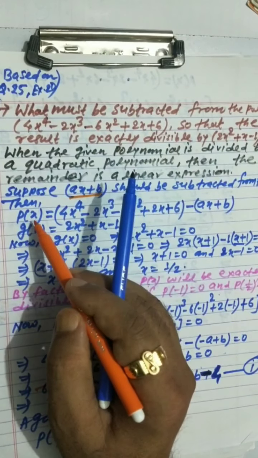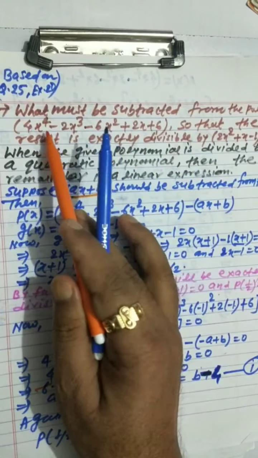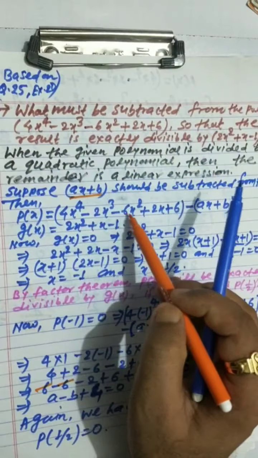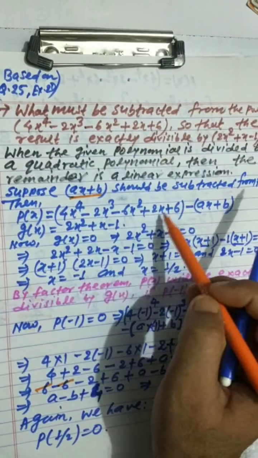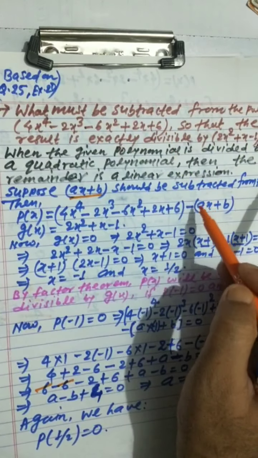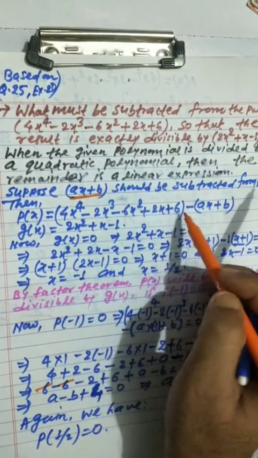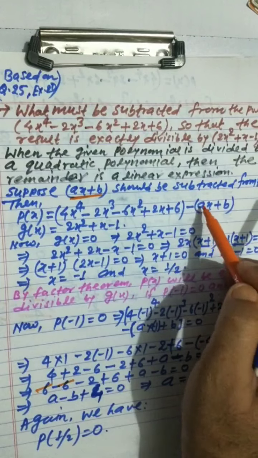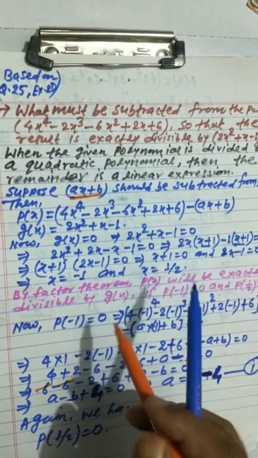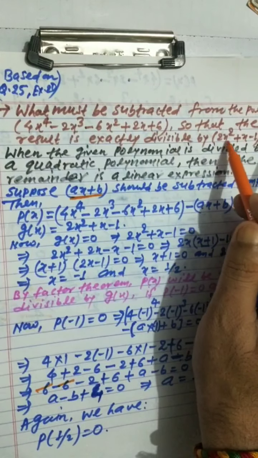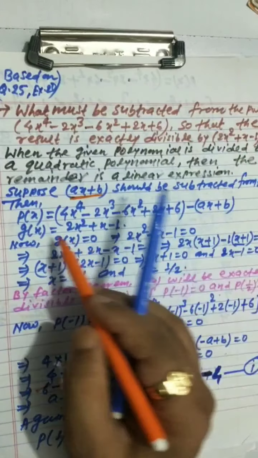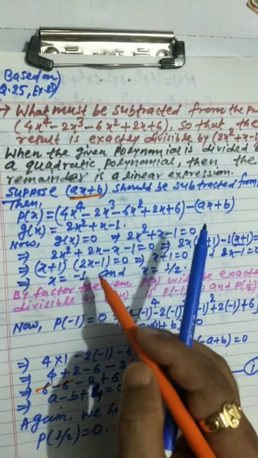Then your p(x) becomes 4x power 4 minus 2x cube minus 6x square plus 2x plus 6, and you have to subtract this linear expression from this. So we have written minus in bracket ax plus b, and your g(x) is 2x square plus x minus 1.